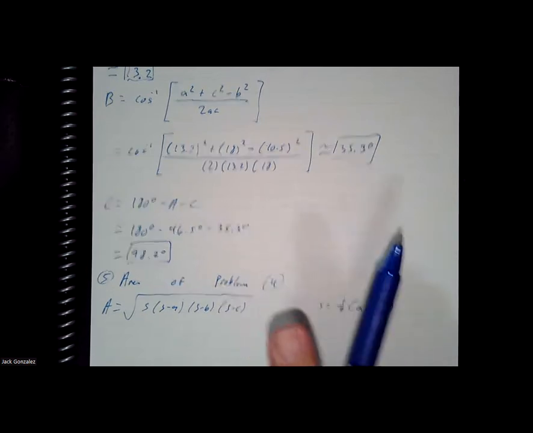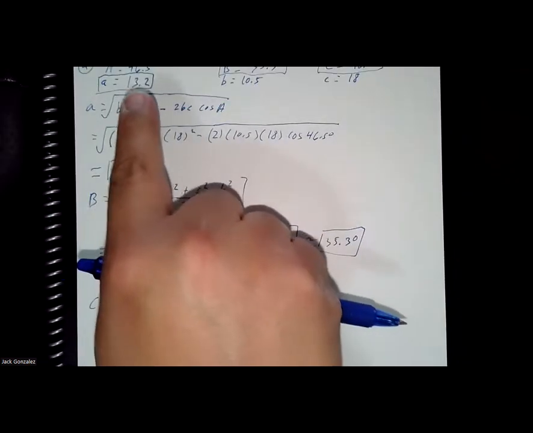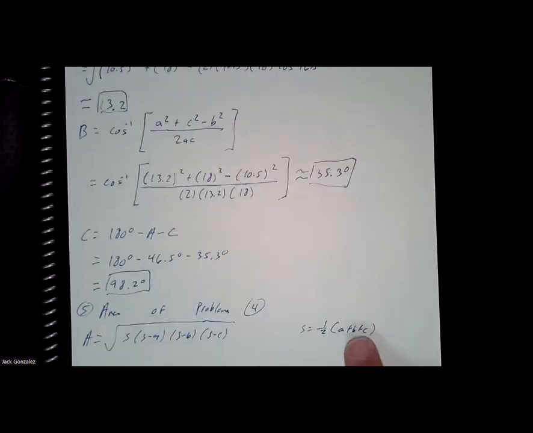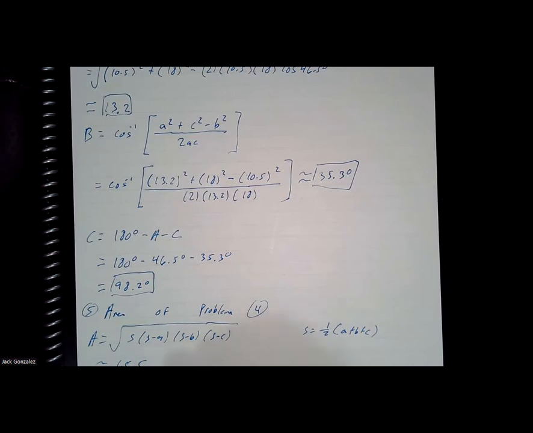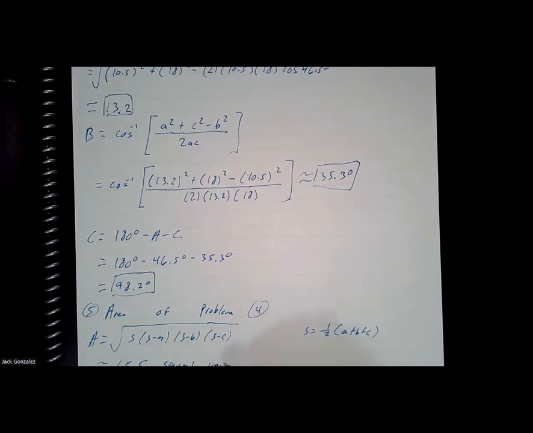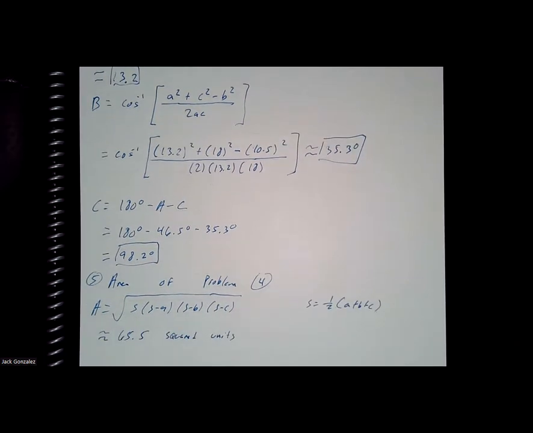Plug all those sides, a, b, c, into here and into here, and you'll save some time. The answer is 65.5 squared units. Okay, so that's all the triangle questions.